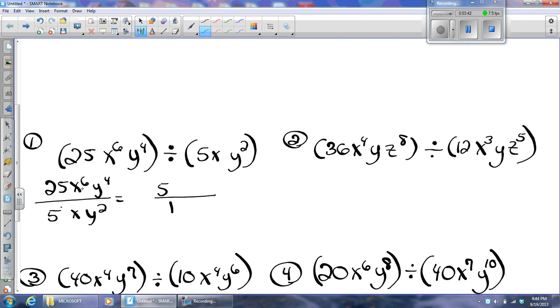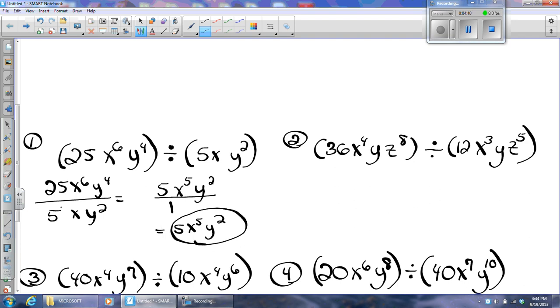I've got 6 x's in the numerator and 1 x in the denominator. They'll cancel. That'll leave me 5 x's in the numerator. The y's will give me 4 y's in the numerator, 2 y's in the denominator, and I'll have a y squared. And then I shall have 5x to the 5th y squared. There you go. Pretty simple stuff.